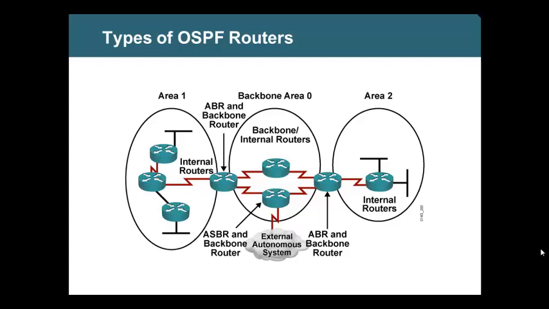We saw that after redistributing from RIP to OSPF and OSPF to RIP, when we redistribute from RIP to OSPF, we started seeing type 4 and type 5 LSAs.